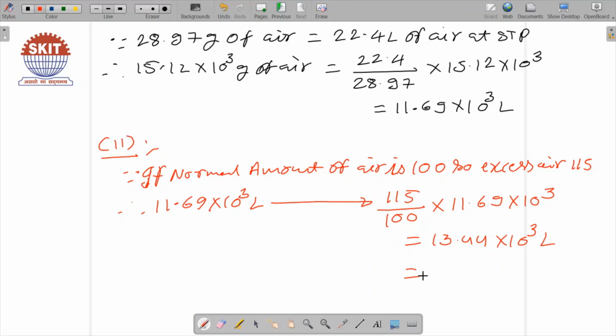And we already discussed that 1000 liter means 1 meter cube. So 13.44 meter cube, this is our final answer for excess air.